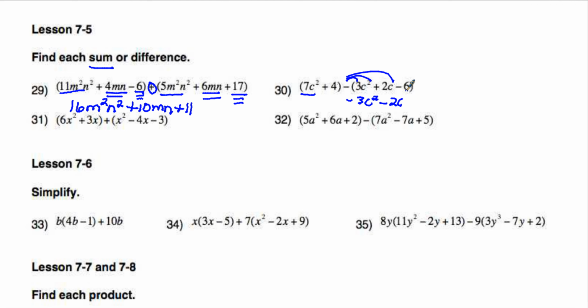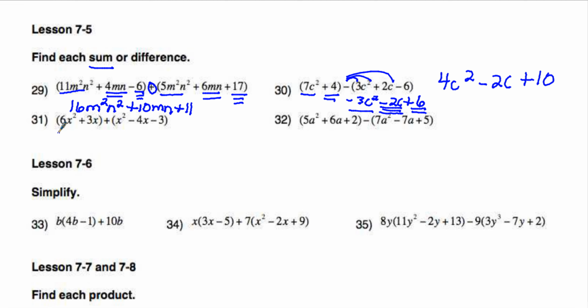And then negative minus a negative 6, so that's plus 6. So now I look at my 7c squareds and I've got negative 3c squareds. I've got 4 here, I've got 6 here, and then this one just doesn't have anything to add to it, so it's by itself. So our answer is 7c squared minus 3c squared, which is 4c squared, minus 2c, plus 10.